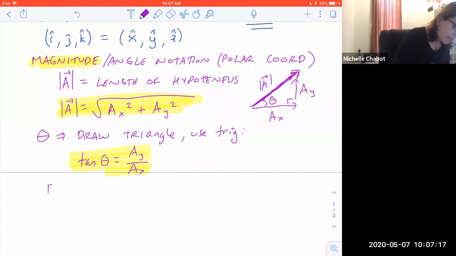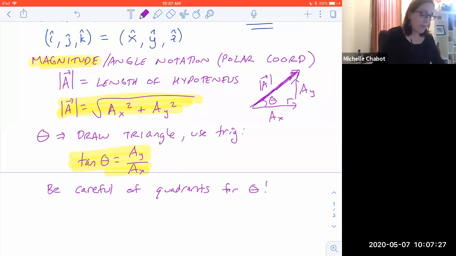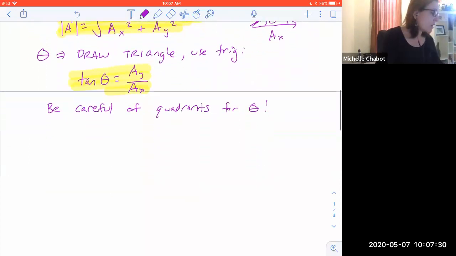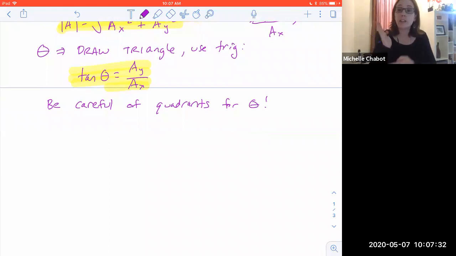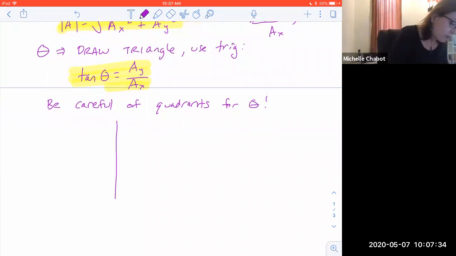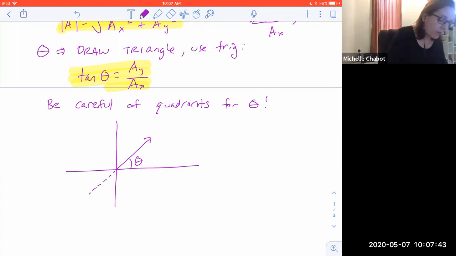One thing I'm going to say is to be careful of the quadrants for theta. That's because when you're working out the angle, let's say I have theta over in my first quadrant. Well, this has some positive x component and positive y component.